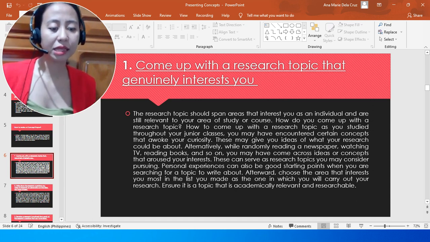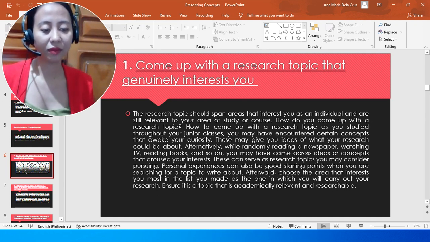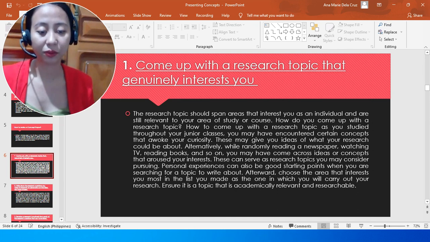This may give you ideas of what your research could be about. Alternatively, while randomly reading a newspaper, watching TV, reading books, and so on, you may have come across ideas or concepts that aroused your interest. This can serve as a research topic you may consider pursuing.